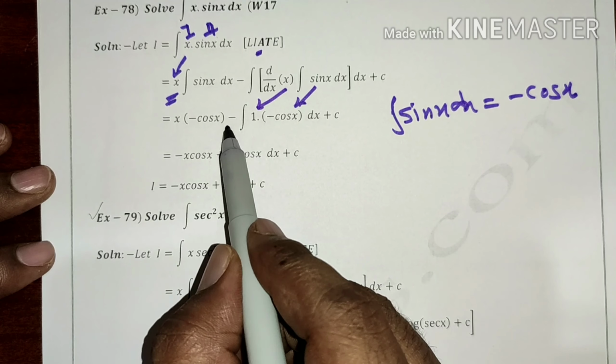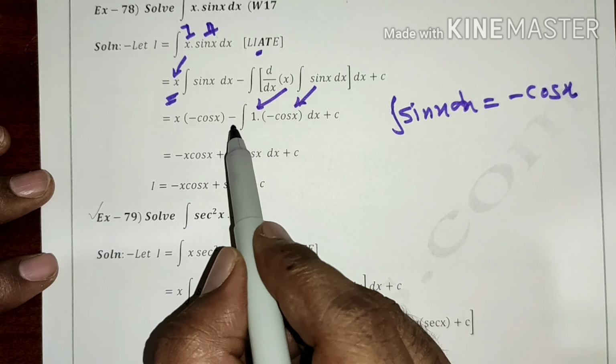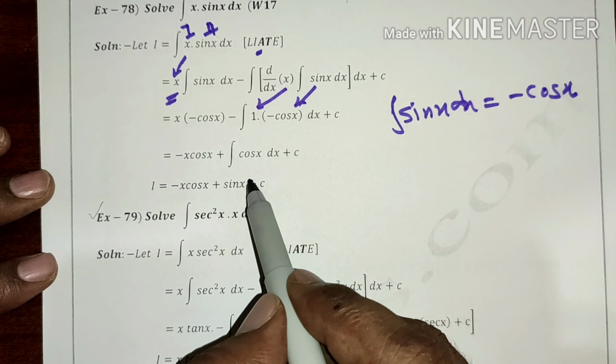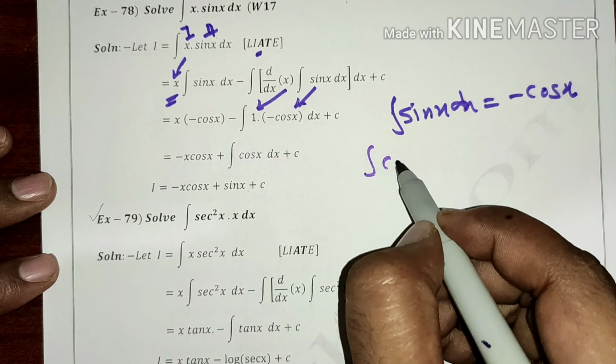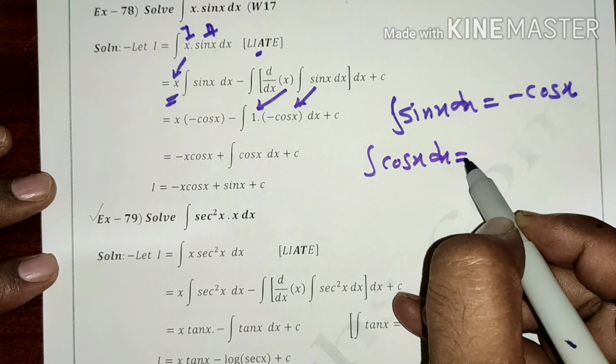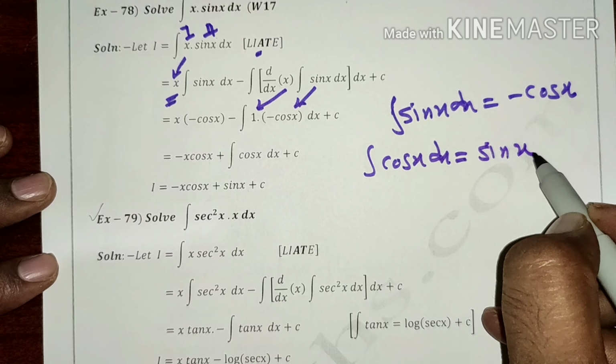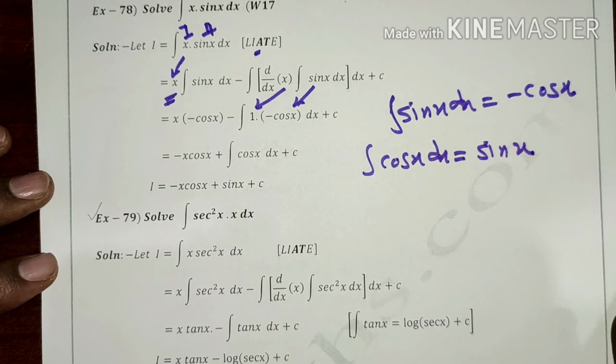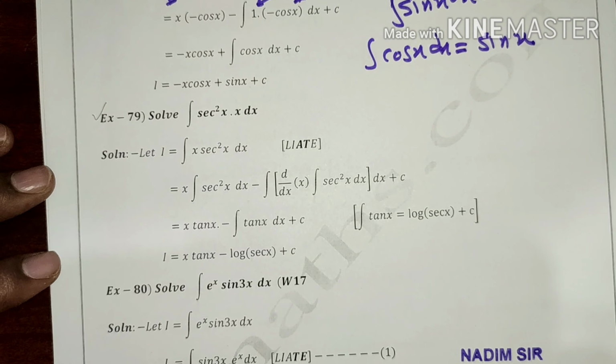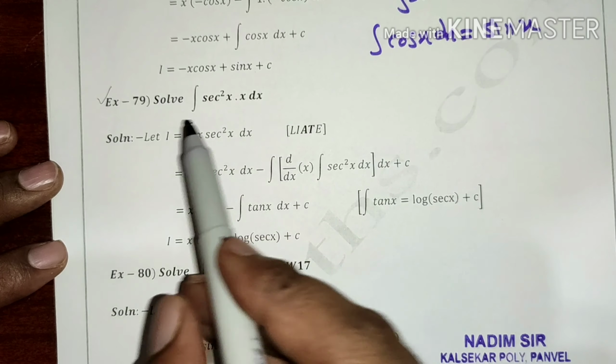This minus and this minus, both minus, become plus, integration of cos x. And we know that integration of cos x dx is sin x. This is our integration formula. So we go to our complete solution.